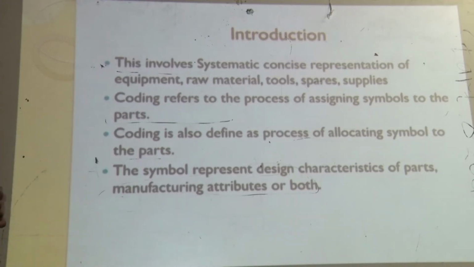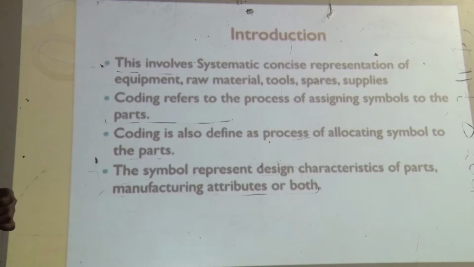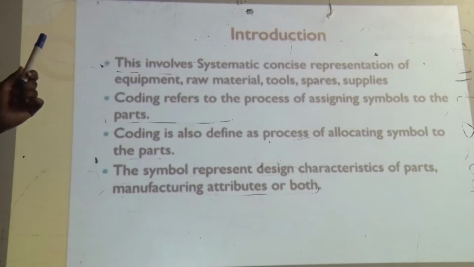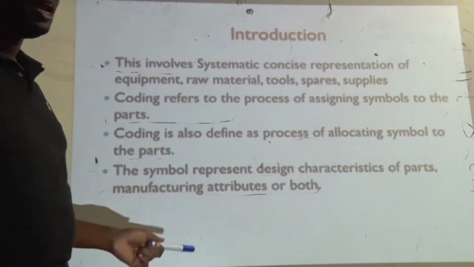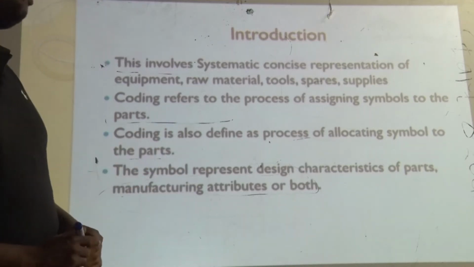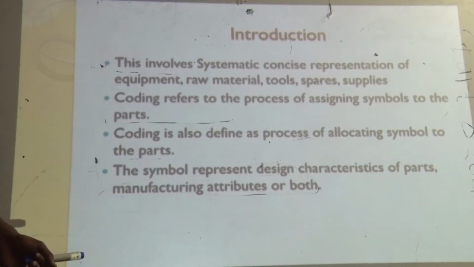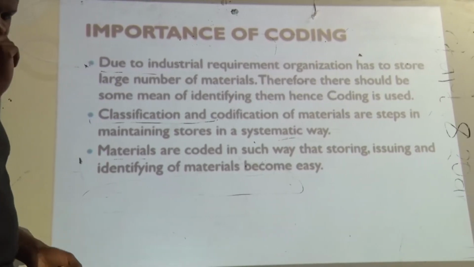Alternatively, it can also be defined as the symbol that represents the design characteristic of a part, manufacturing attributes, or both. So coding is very key when you're coming up with identification of materials in the store. Therefore, every item that enters the store must have a code, a unique way of identifying your materials. Different organizations have different ways of identifying the materials within their store.